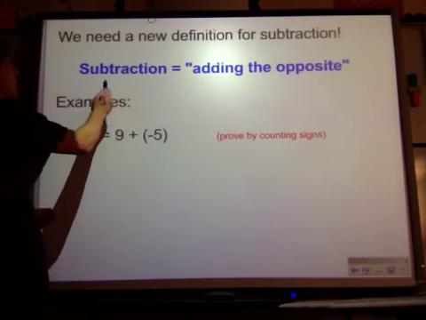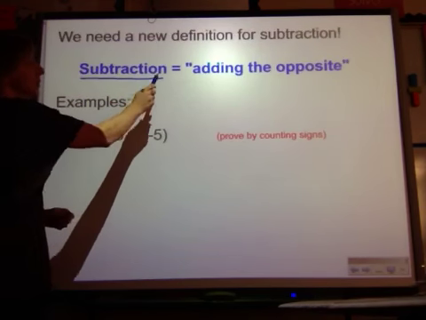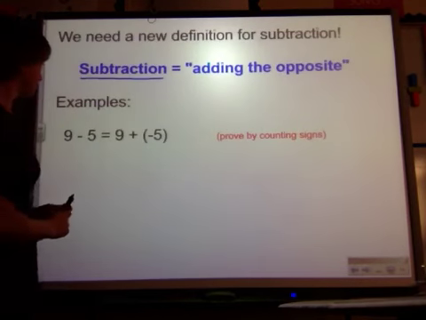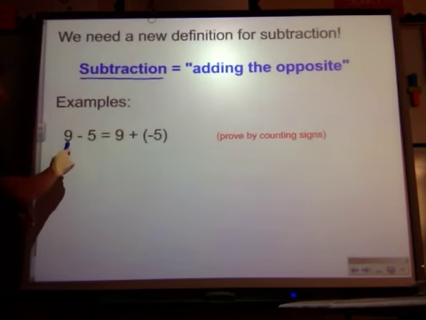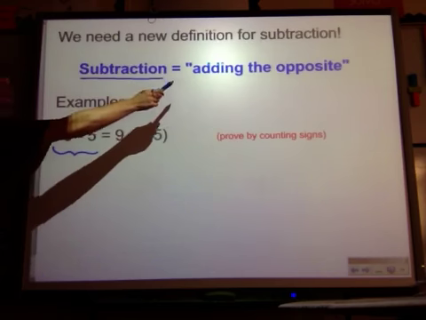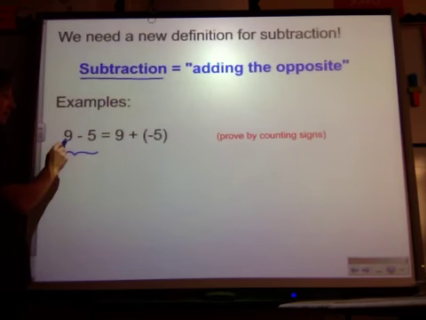Our definition now is going to be subtraction equals adding the opposite. And I'm going to show you what that means. I have an example here, 9 minus 5. Originally, we would say 9 take away 5. But now we're going to take a look at it as if we are adding the opposite. So the number 9 stays the same.